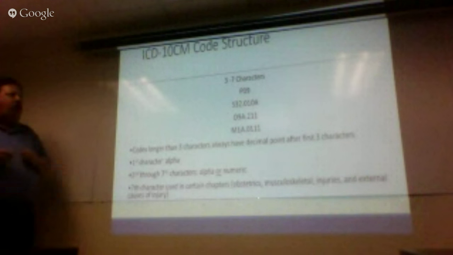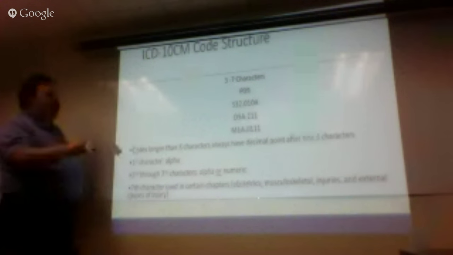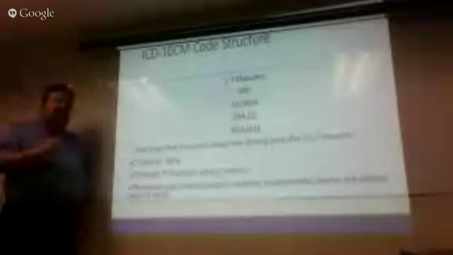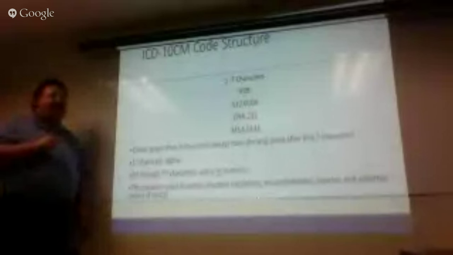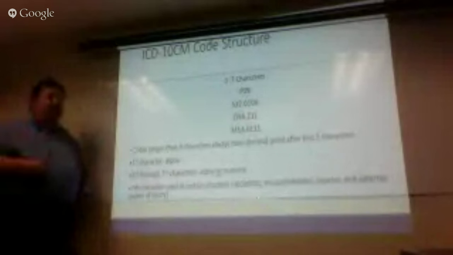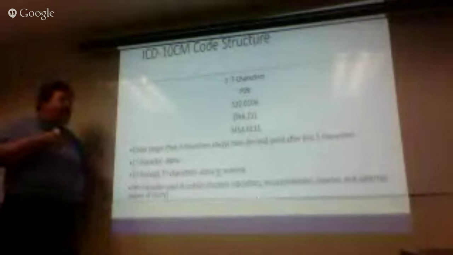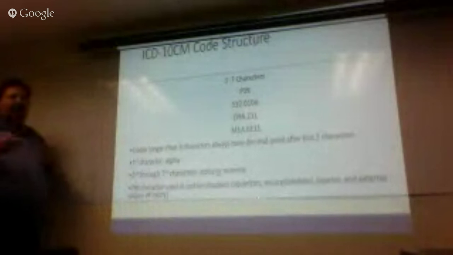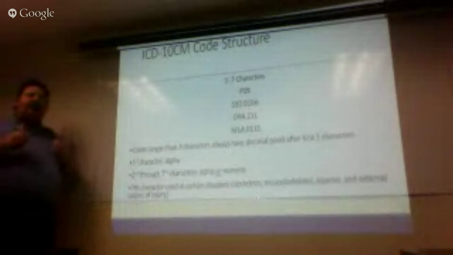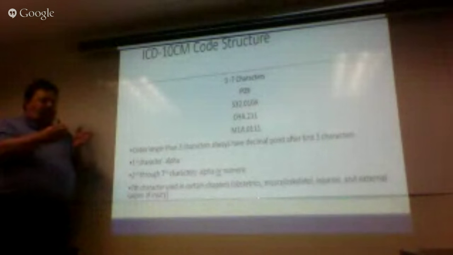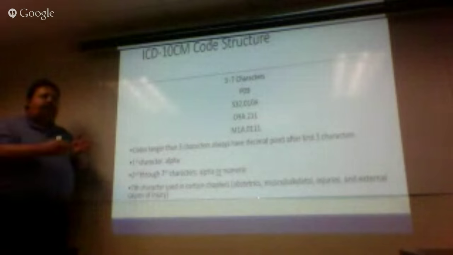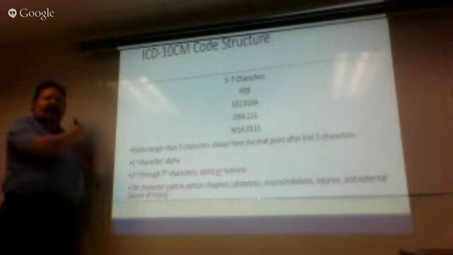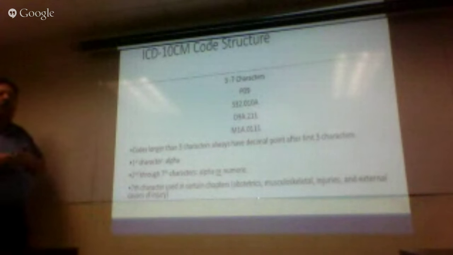You can't just provide 091 and submit it, because 091 by itself isn't a valid code. It's a category. It'll get you close into a family of codes, but it's not valid. That's where the computer kicks in and says, this code requires 7 digits. And if it doesn't, it gets kicked out as an invalid code.